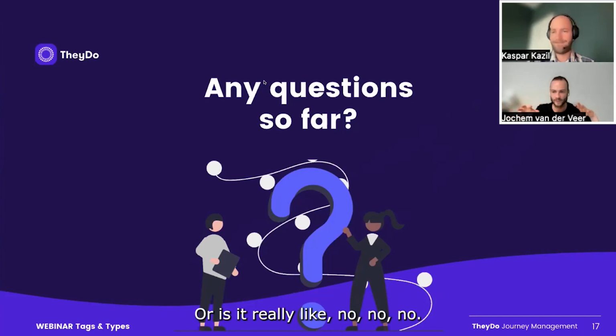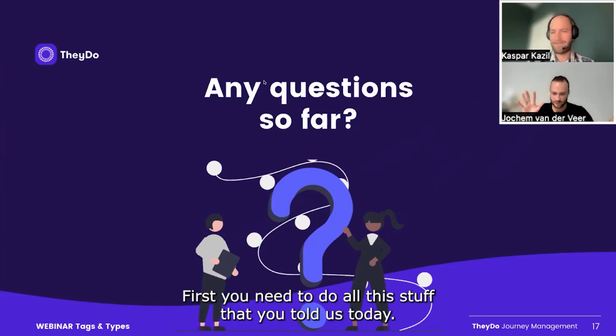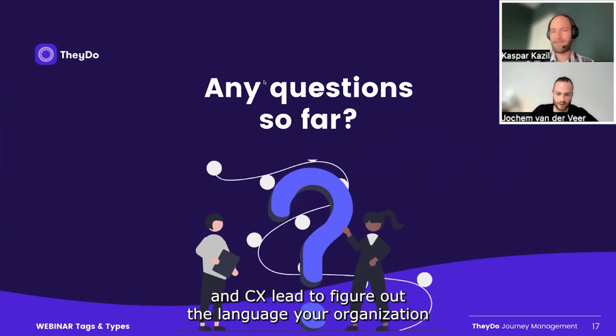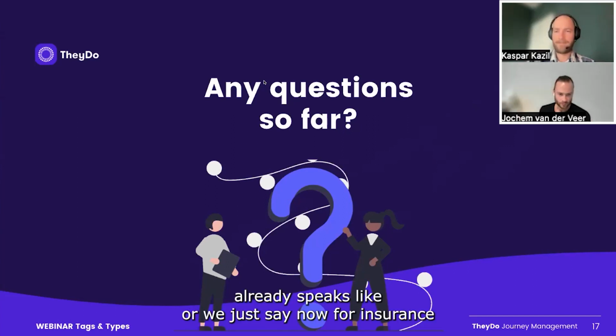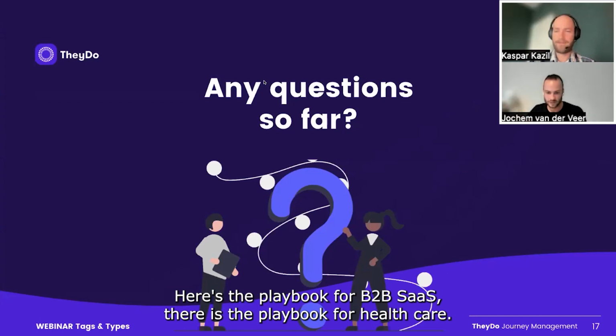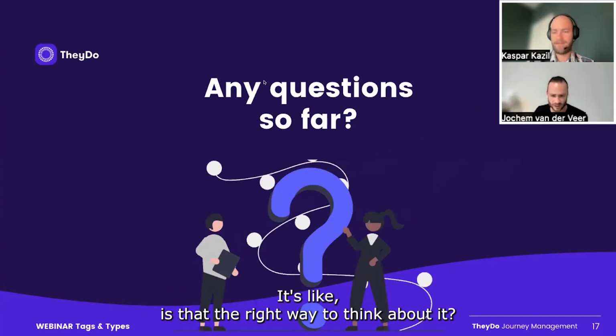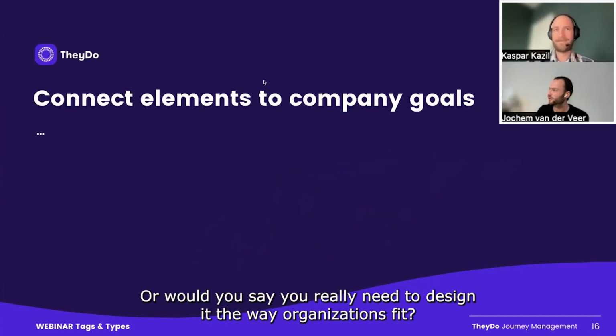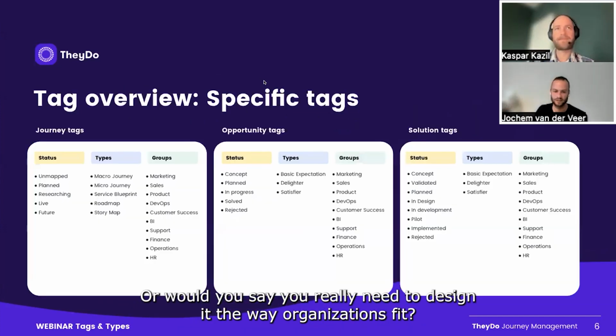Or is it really, no, first you need to do all this stuff that you told us today, set that up, have the meeting, talk to the design, the product, and the CX leads to figure out the language your organization already speaks? Or do we just say, for insurance, here's the playbook, and for B2B SaaS, here's the playbook, and for healthcare, here's the playbook? Is that the right way to think about it? Is there a good enough approach, or would you say you really need to design it the way your organization fits?